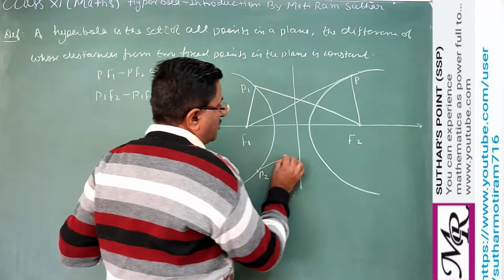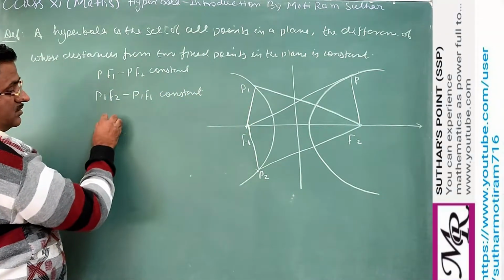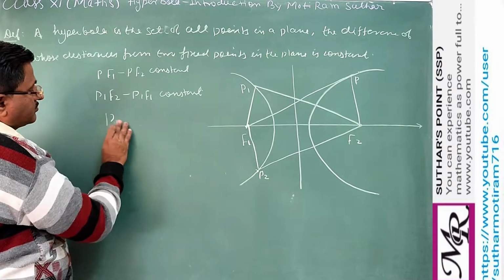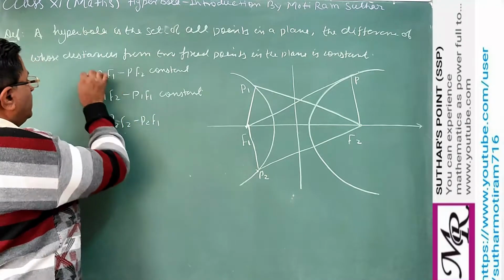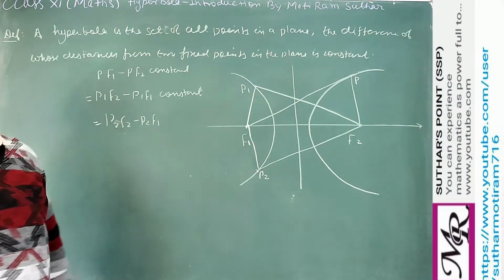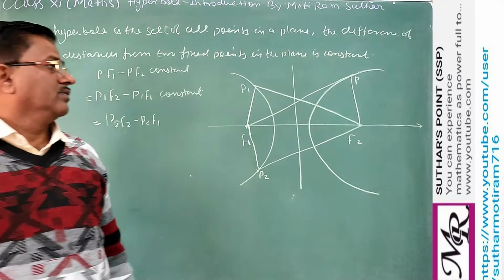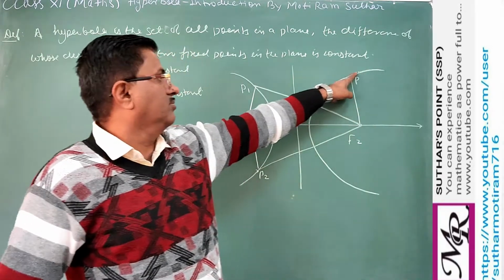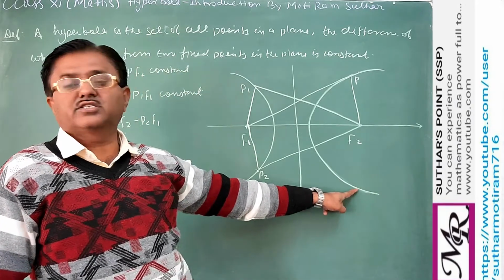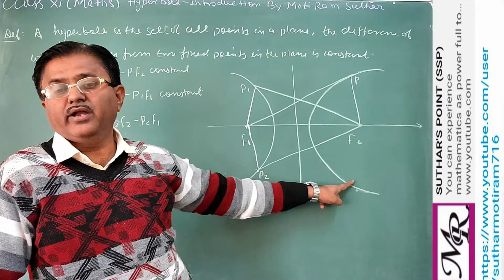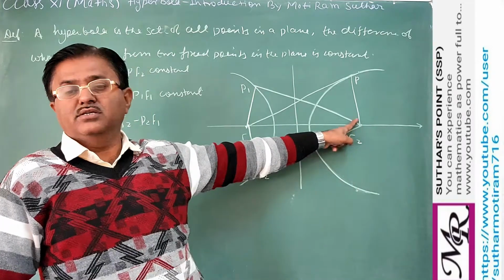So P2F2 minus P2F1, all these are equal or constant. That's why this is a hyperbola, the locus of a moving point. You can measure the distance of this point at any stage from the further point minus the nearer point.